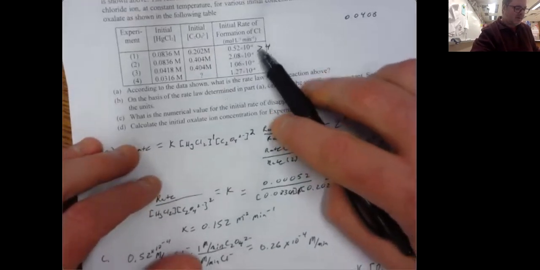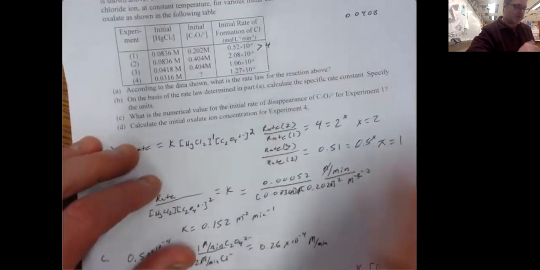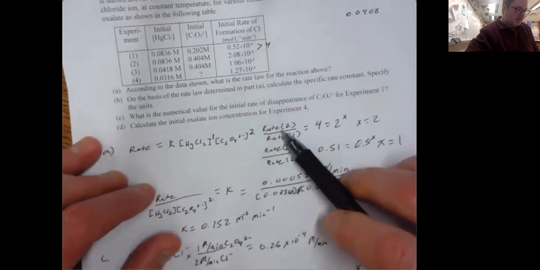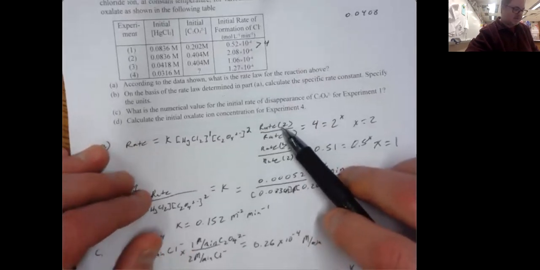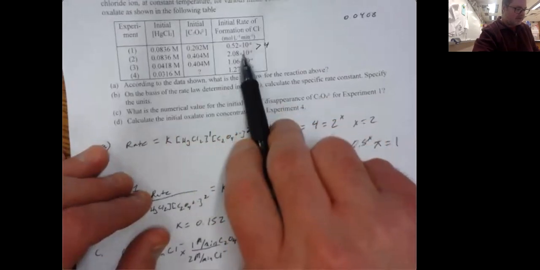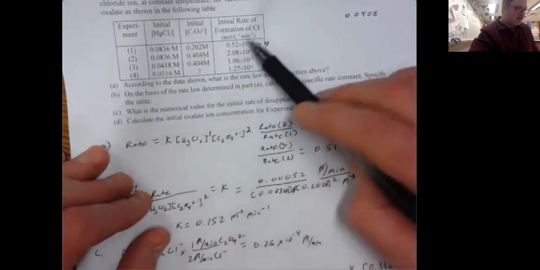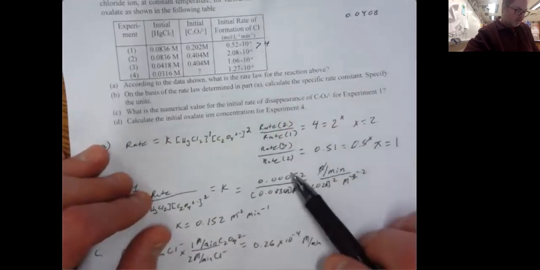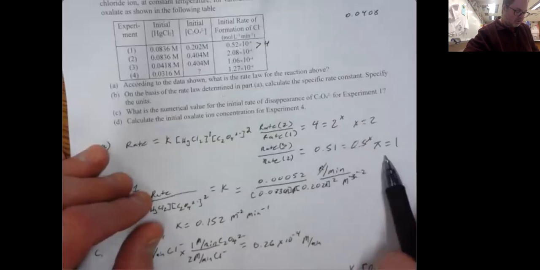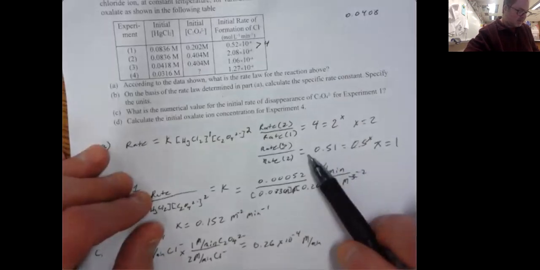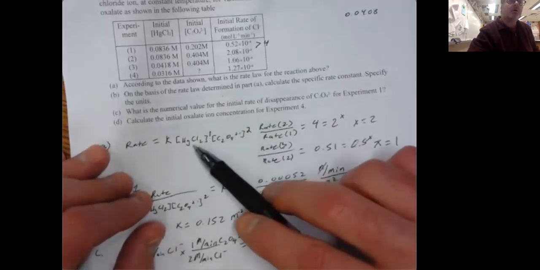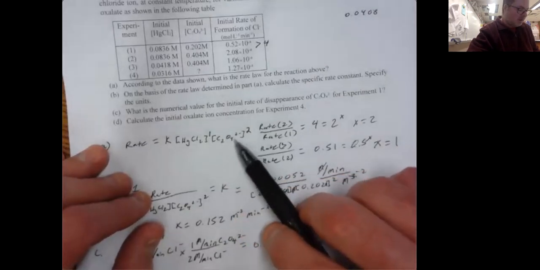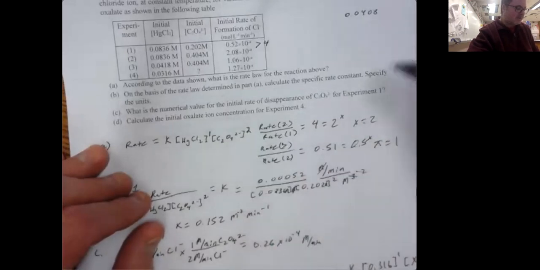So even though we've done this method up here, you probably want to go ahead and write out, for full credit, the rate of the reaction that you're doing divided by the second trial that you're using, and then basically write that work out. And what you should find is that it is first order for mercury 2 chloride and second order for the oxalate ion.